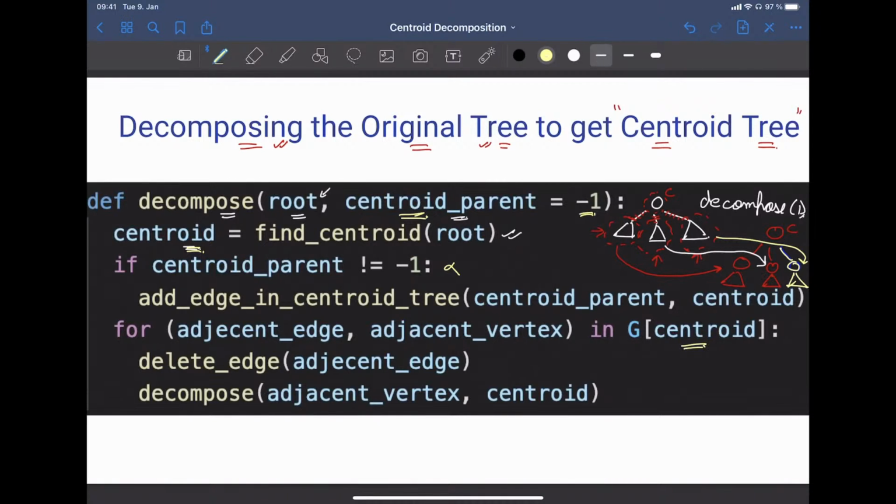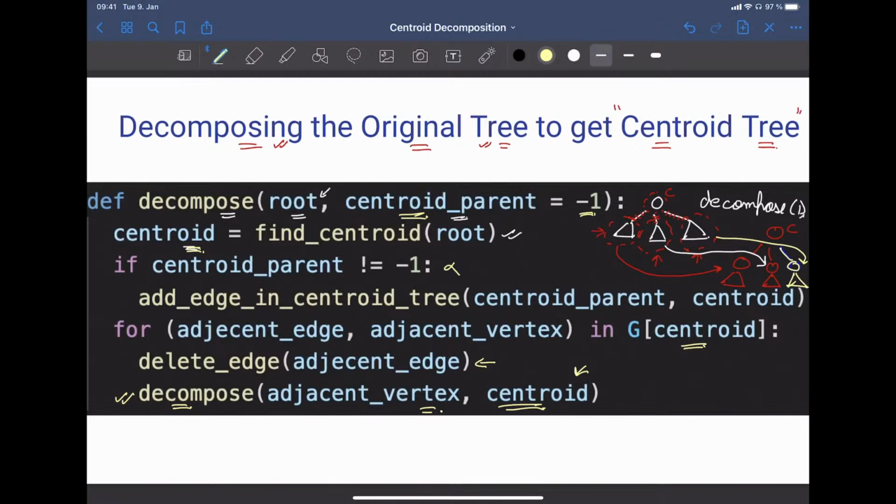For every adjacent edge and vertex, I delete that edge from the graph and call decompose on the adjacent vertex, passing my current centroid as the parent of the centroid tree formed by this recursive call. Every recursive decompose call returns a small tree, and I attach that tree on the current centroid node.